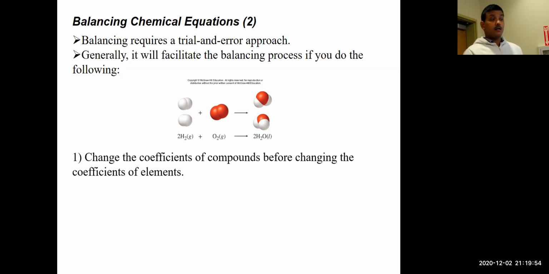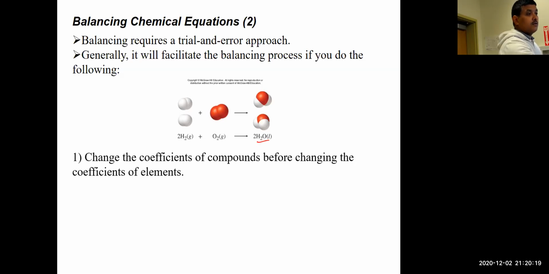The first rule is to change the coefficients of compounds before changing the coefficients of elements. You need to know what it means. It is asking you to change the coefficients of the compounds first before you change the coefficients of the elements. So let's see what molecules we have.